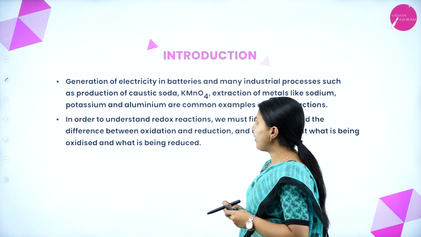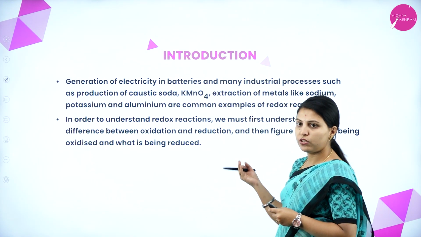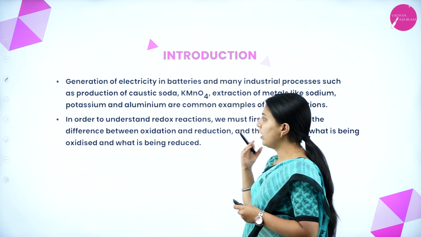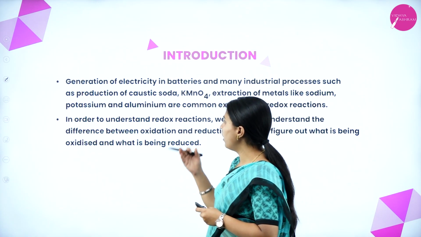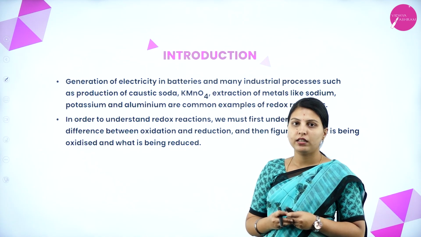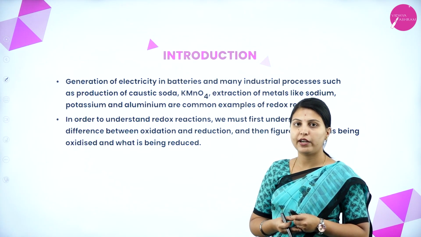In the generation of electricity in batteries and many industrial processes, this redox reaction is very important, like extraction of metals like sodium, potassium and aluminium, and production of caustic soda and potassium permanganate. Many compounds are produced using redox reaction.